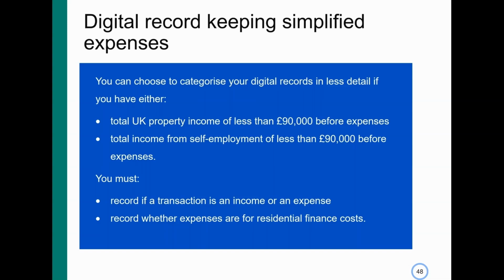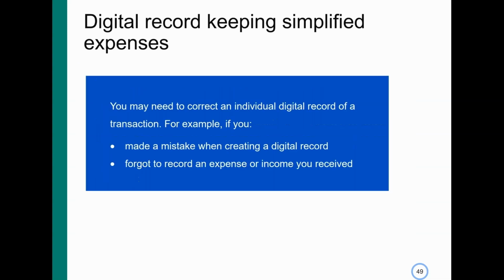You may need to correct an individual digital record of a transaction. For example, if you made a mistake when creating a digital record, or you forgot to record an expense or income that you received. To correct your records, you may need to change, delete, or create a digital record.